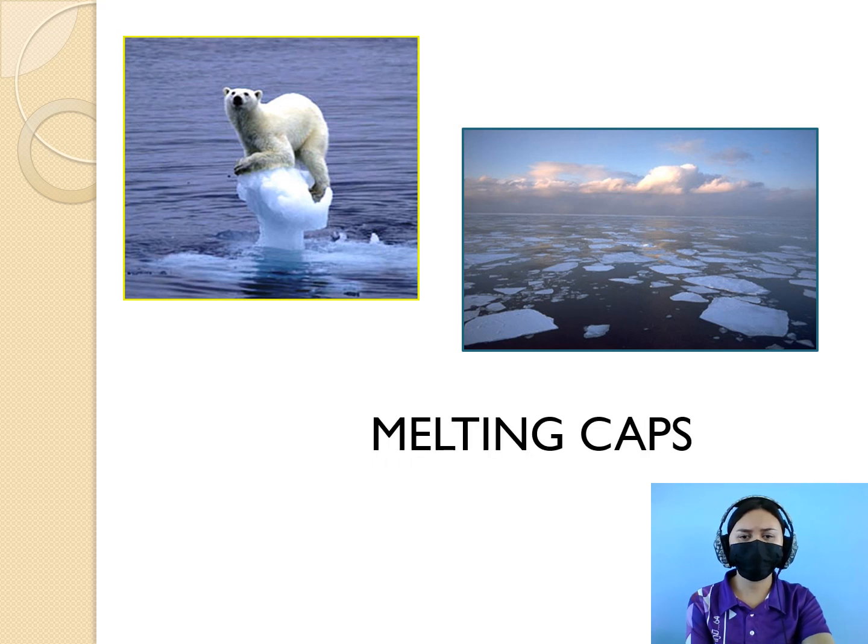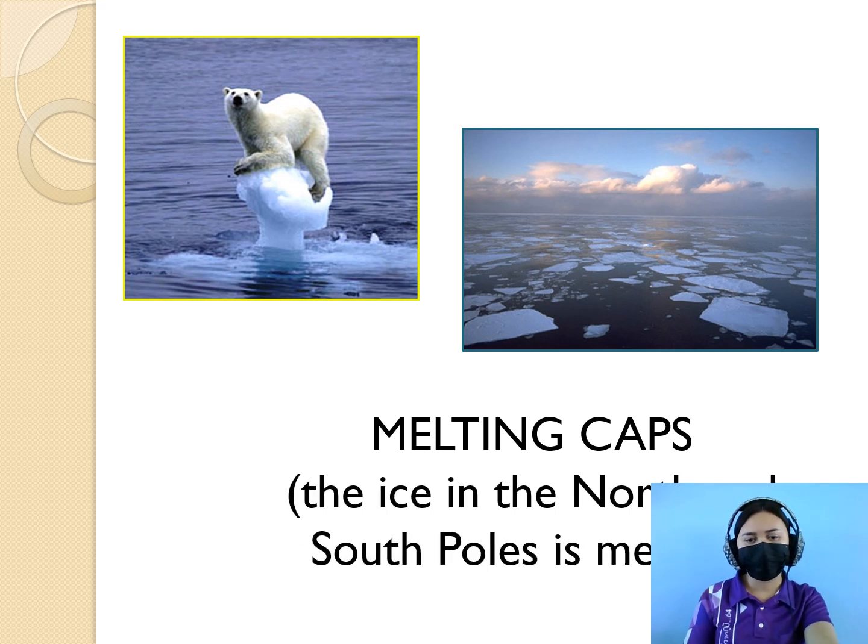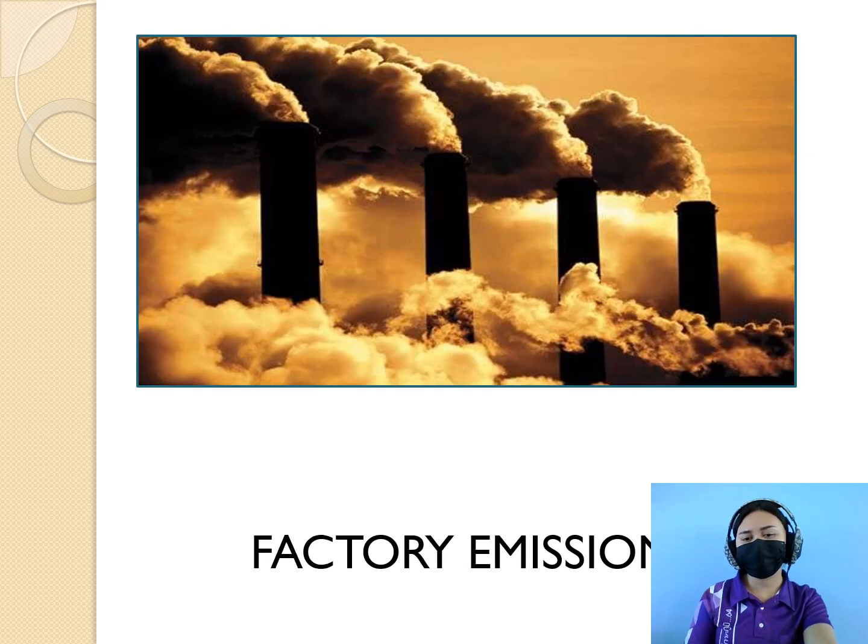Oh, so beautiful. Look at the polar bear. Melting caps. The North Pole and South Pole are melting. The glaciers are melting because of high temperature. It's because of global warming. Look at that, the ice in the North and South Poles is melting.